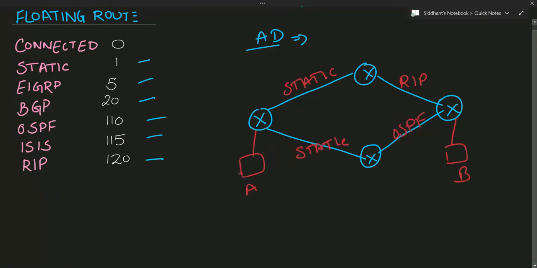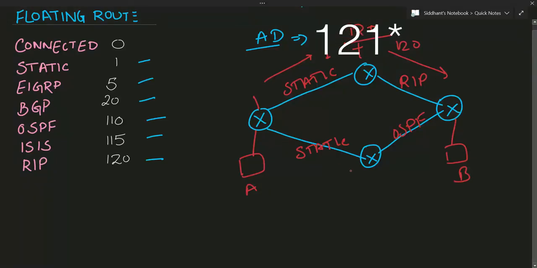Basically the traffic will go from A to this router. Now this router will calculate the distance to the destination with the help of AD. For the first path, it will be AD 1 plus RIP, which is 120, so that path costs 120.